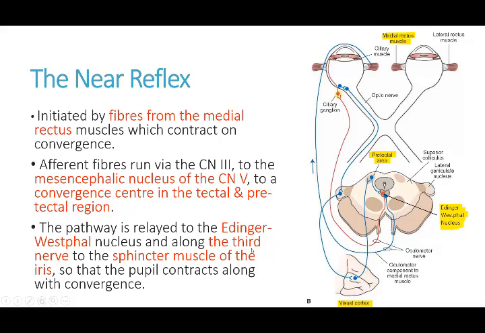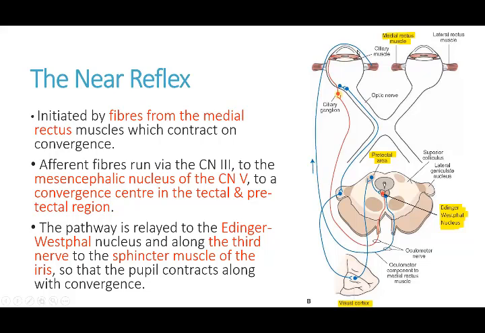The pathways relay again from the tectal and pretectal region to the Edinger-Westphal nucleus and along the third nerve again. Now the third nerve is the afferent as well as the efferent to the sphincter muscle of the iris. So the pupil contracts. So there is stimulation of the medial rectus.